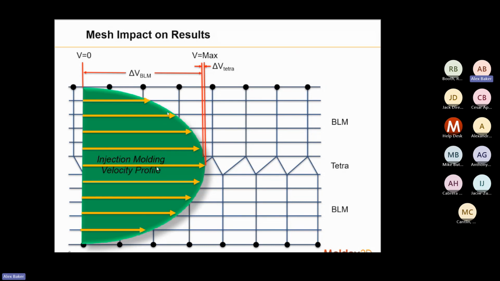Each of these layers in the boundary layer mesh are quite large in the amount of gradient, as we call it, or the amount of change in information that's being calculated. And this makes the boundary layer much more, I shouldn't say important, much more useful in bringing forth the resolution of results that we need to be able to get accuracy from our analysis.